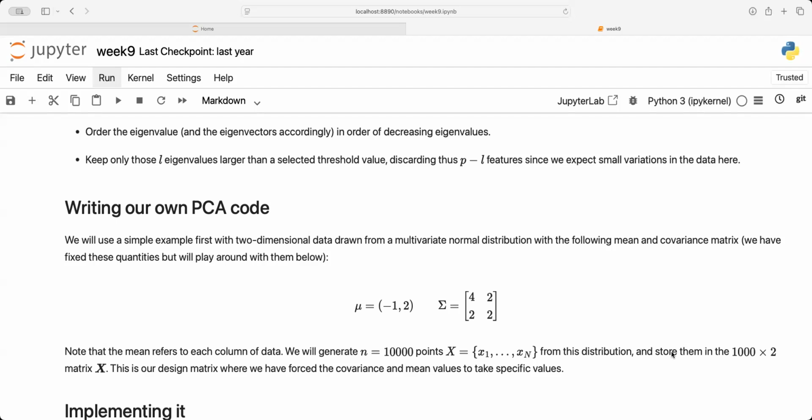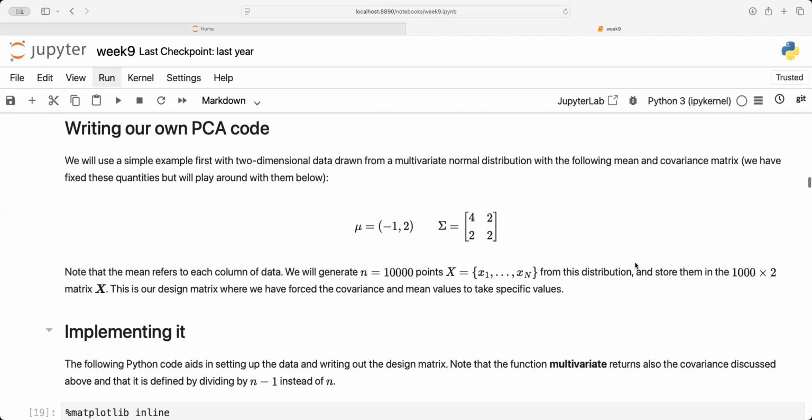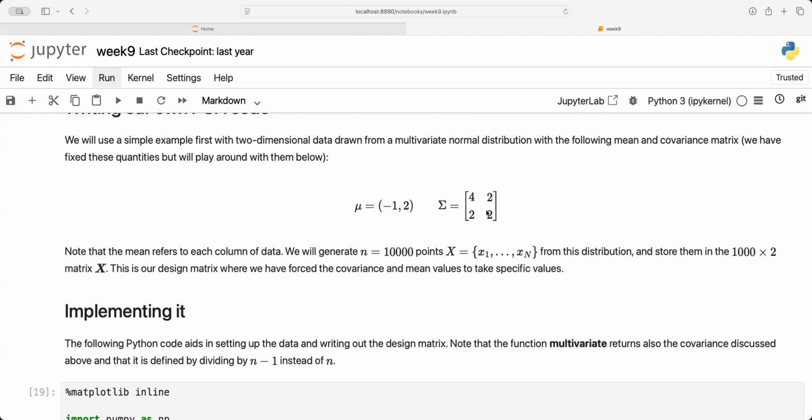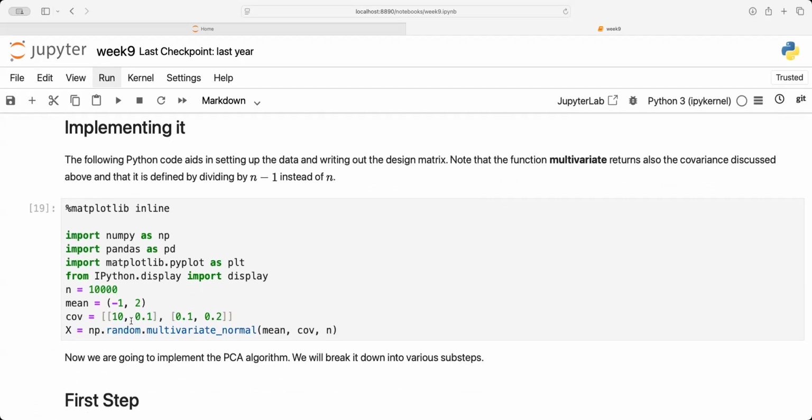So what we did, in this specific case, was just to think of 2 vectors, each with 10,000 elements. And then we produced the covariance matrix, we just put in by hand here, that the covariance has fixed values. And I changed from 4 to 2, and I put these values to 10 and some small covariances, which means that there is not very much correlation between the 2 vectors x0 and x1.